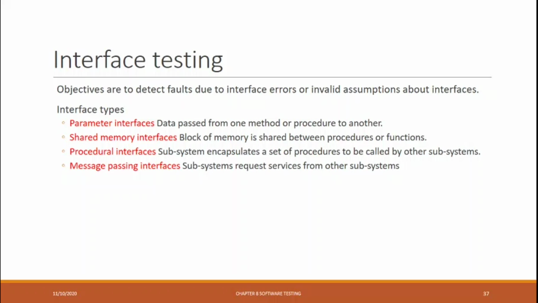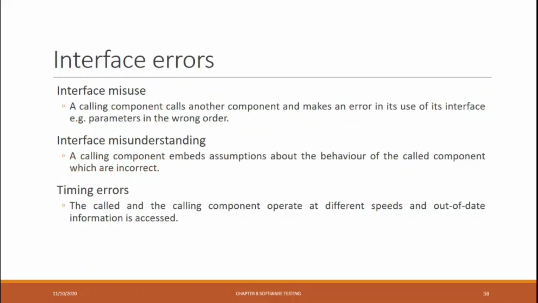So what we saw are different types of interface errors. These interface errors fall into three classes. What are the three classes? Interface misuse, interface misunderstanding, and timing errors. Don't get confused about the types of interface errors.